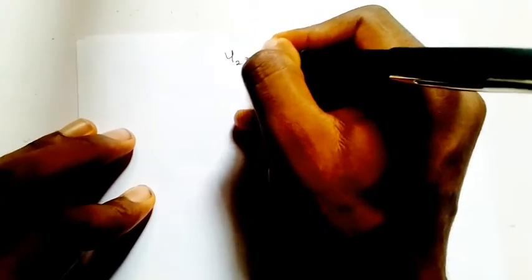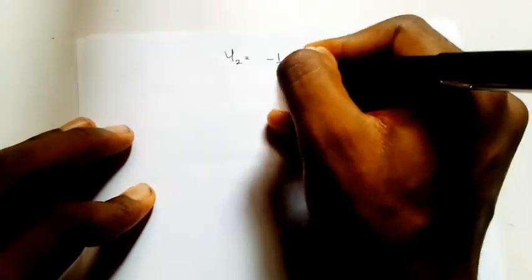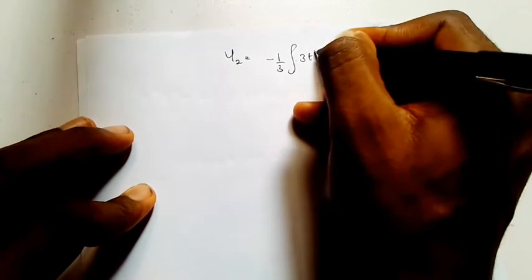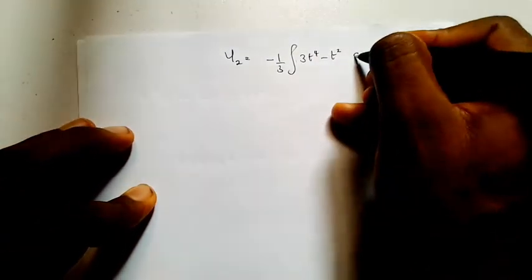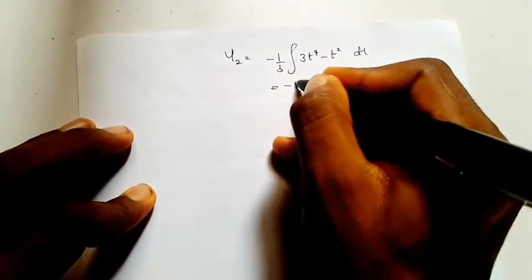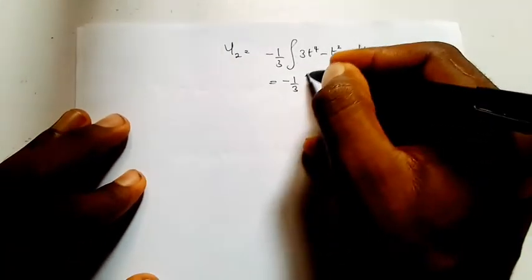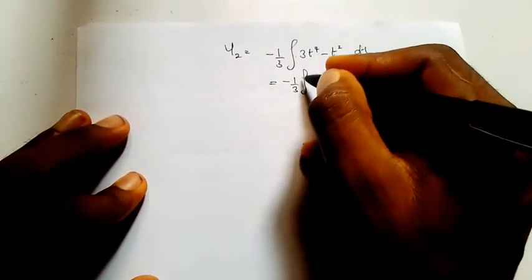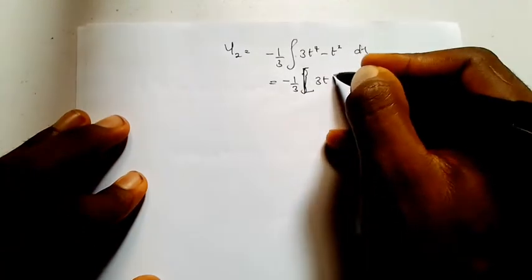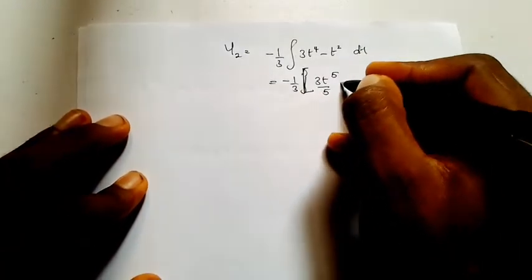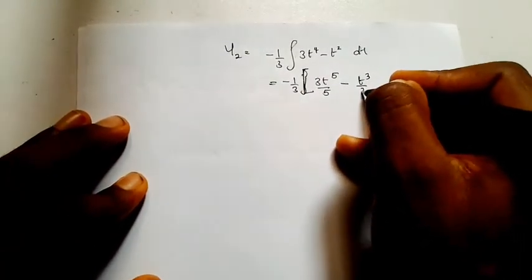So now integrating my u2, which equals minus 1 over 3 integral of 3t raised to power 4 minus t squared dt. So integrating this, we have minus 1 over 3, open bracket, 3t raised to power 5 divided by 5 minus t raised to power 3 divided by 3.